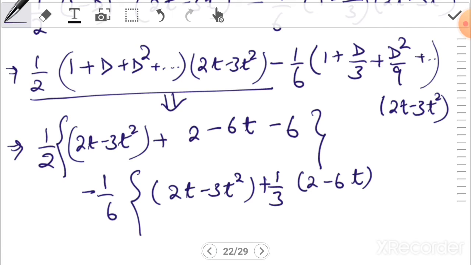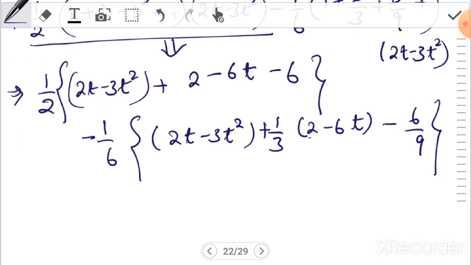Yes, again, taking 1 by 9 common, D square, the double derivative of 2t minus 3t square. We have already differentiated it once, so differentiating it once again with respect to t, we will have minus 6. So this is minus 6 by 9.